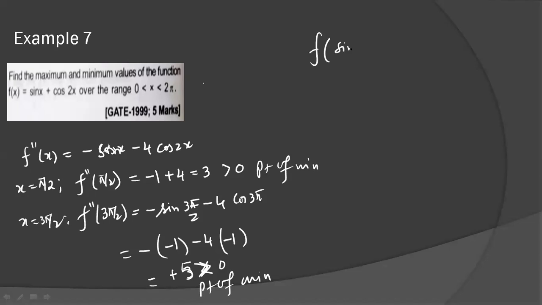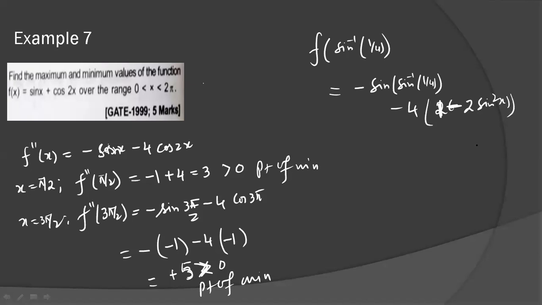Now check at sine inverse 1 by 4. How to check it? Minus sine inverse 1 by 4 minus 4 cos 2x. Cos 2x is 1 minus 2 sine square x.